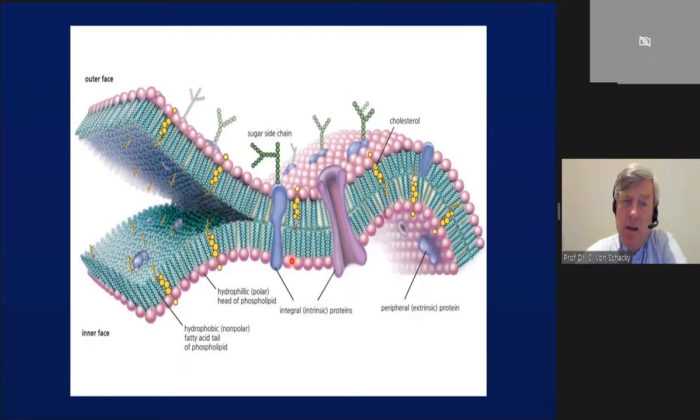And each and every cell has a distinct idea what fatty acids it wants to have in the cell membrane. Of course, nature is, let's say, generous, and the cell gets by with a suboptimal composition of fatty acids, but it functions optimal with a specific fatty acid composition.